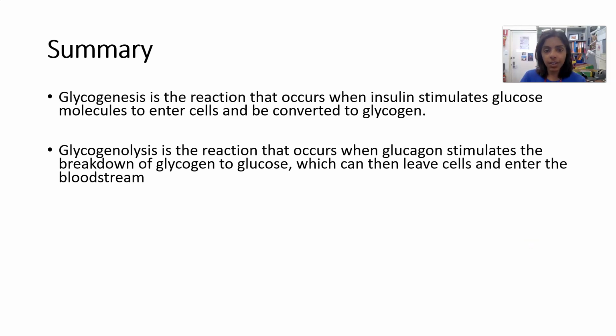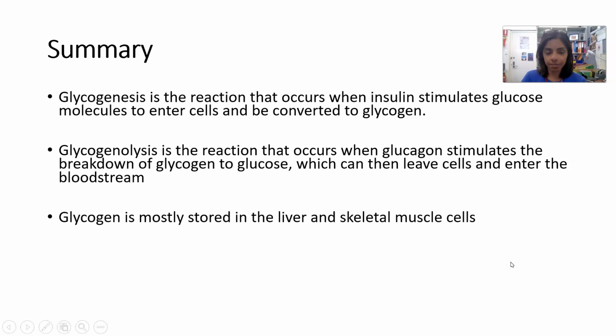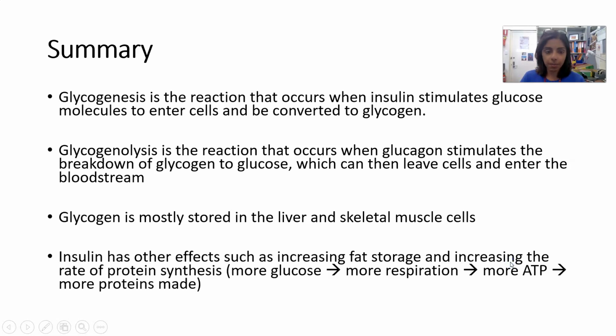Glycogenolysis is the reaction that occurs when glucagon stimulates the breakdown of glycogen to glucose, which then will leave the cell and enter the bloodstream. We know that glycogen is mostly stored in the liver and skeletal muscle cells, and insulin has other effects, such as promoting fat storage and increasing the rate of protein synthesis.